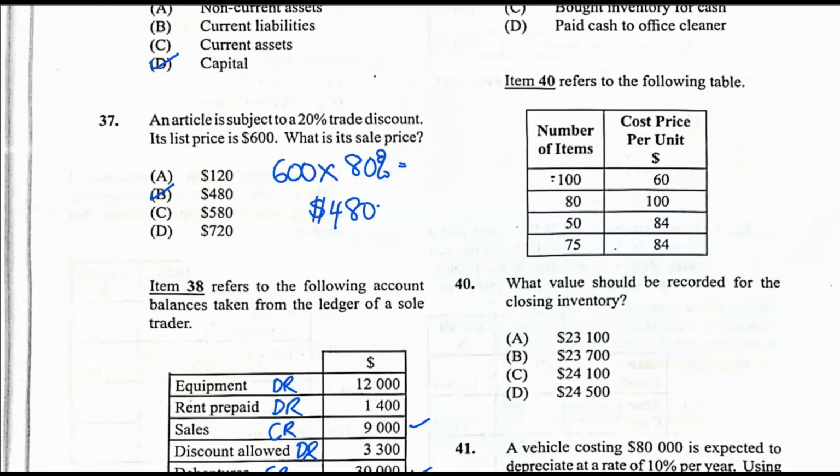Alright guys, let's do this. $100 by 6. 80 by 100. 50 by 84.